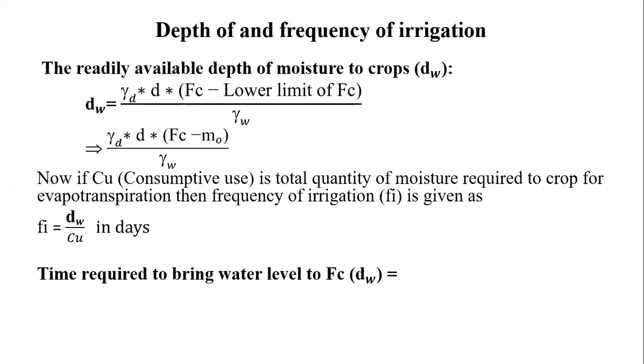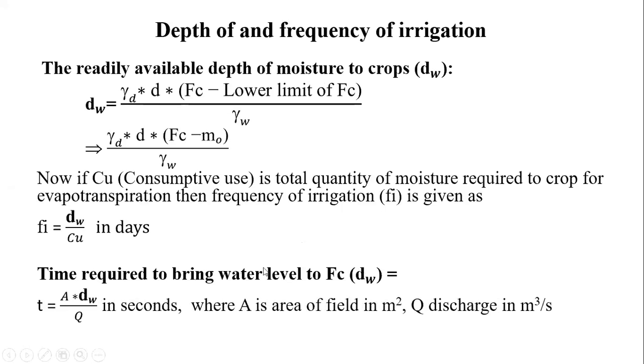So A is the area of the field, and divided by the discharge, we will get the time required to bring the water level to the field capacity. Means after 2 days, if you want to go for irrigation of area A with a discharge Q, then the time required to irrigate that area is given by the equation Q is equal to A into R by T, so T is equal to A into R, that is Dw, by Q. I just made a change in the basic equation Q is equal to A R by T: taking the time to the left-hand side and Q to the right-hand side.